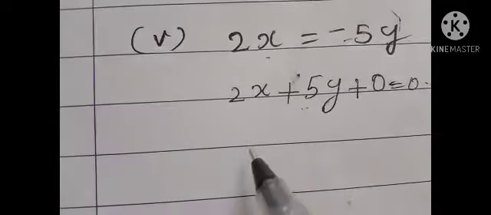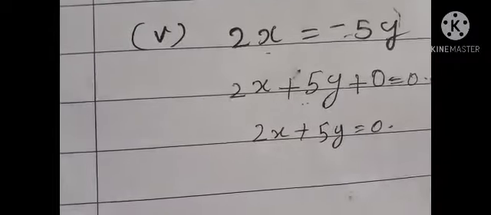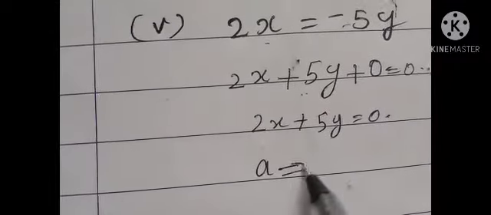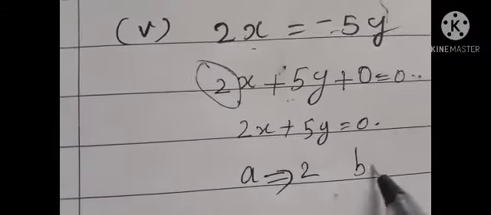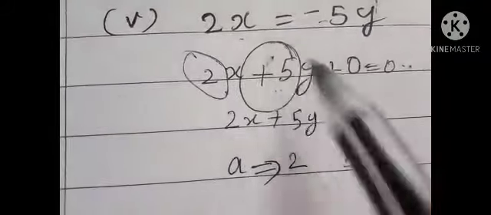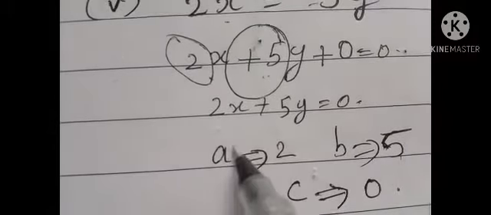Or this same answer we can express as 2x plus 5y equals 0 also. Anyway, a is the coefficient of x, that is 2. B is the coefficient of y, that is 5. And constant term c is 0. So a is 2, b is 5 and c is 0.